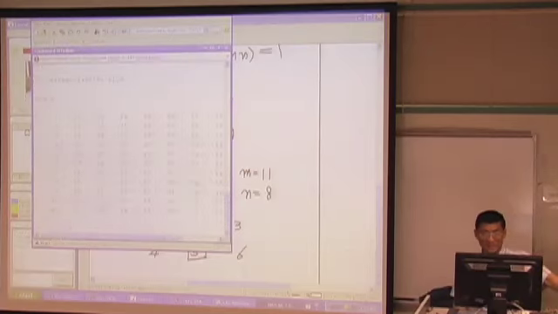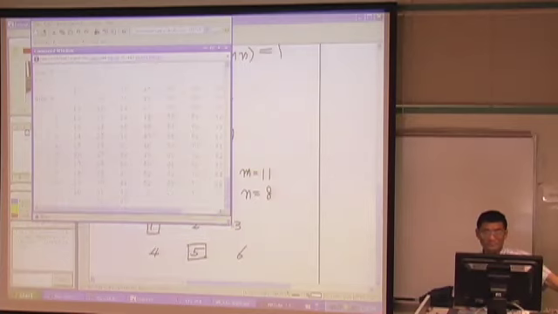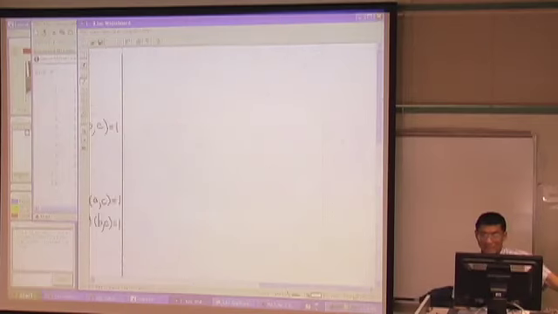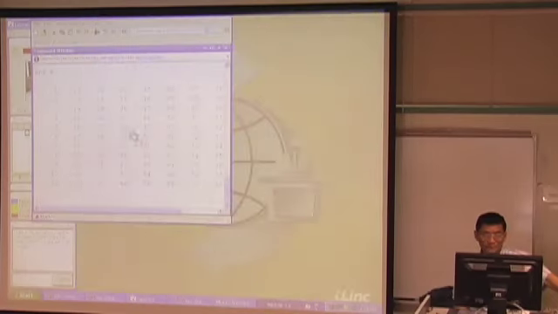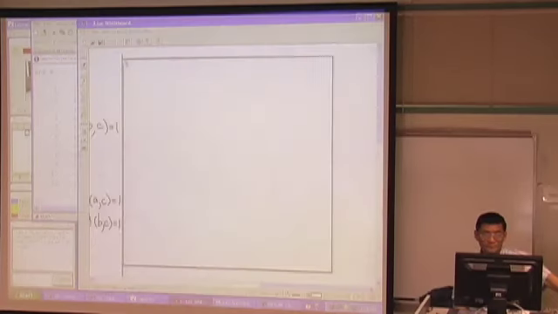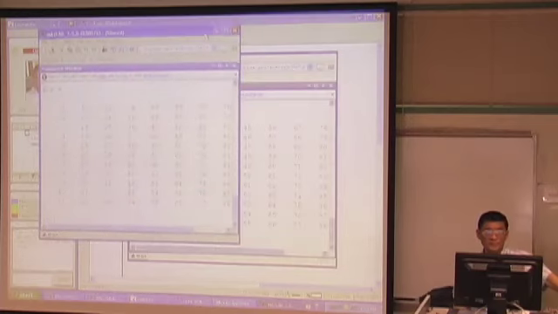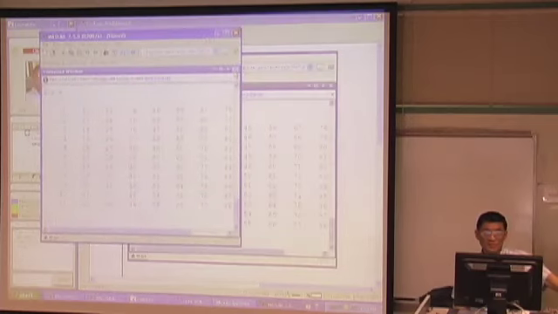So take a snapshot of this thing and then locate it here. So these are the things that we will use. Unless you have a question, I will continue.